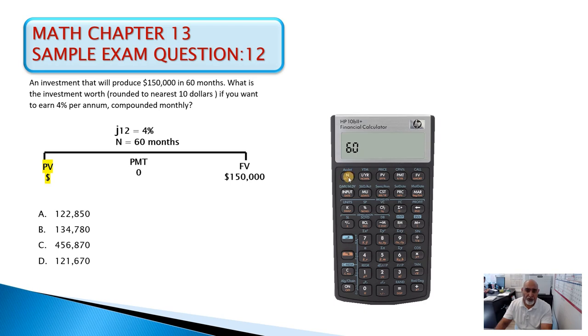All other times, N is very, very important. N is done. PV is what we're looking for. Payment is 0. FV is 150. And PV comes out to be 122. This is the right answer. And to the nearest $10, that would mean $850. It wouldn't be 851.